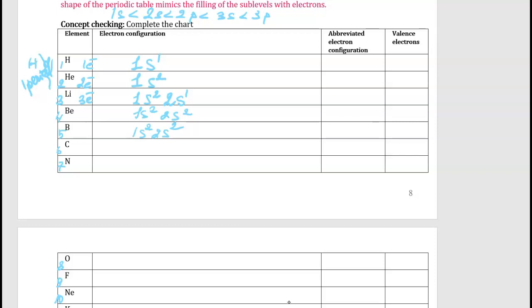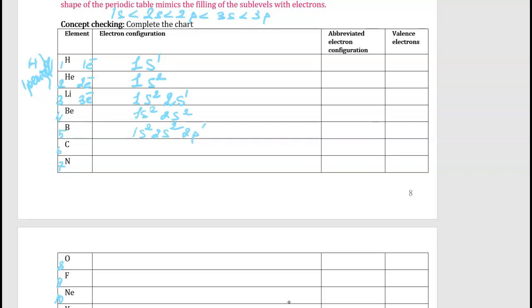The maximum amount of S electrons on each shell can be 2. Okay, so 2s2, but we need 5 electrons here. Where does the next electron go? 2p, and you can see here 2p, so it will be 2p1.